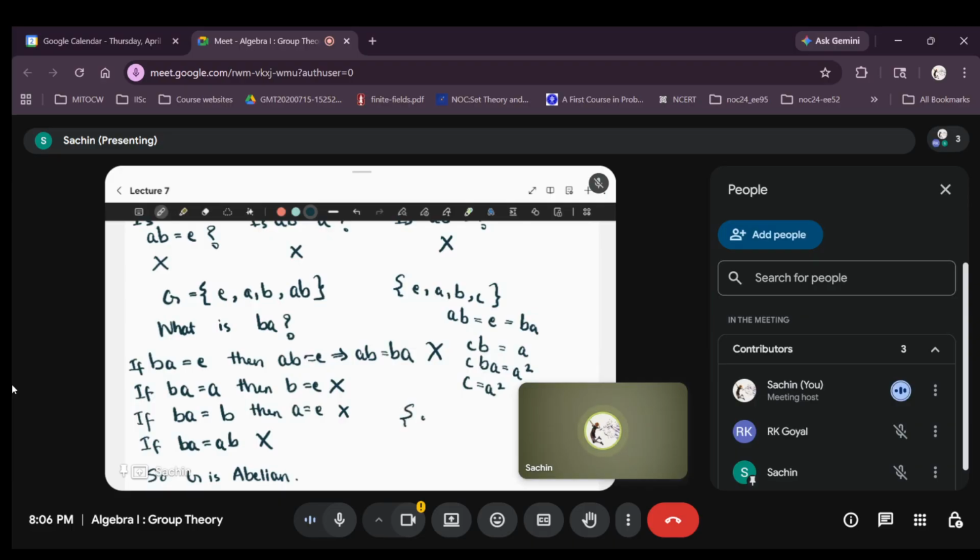You could have E, A, B, A square as the group.